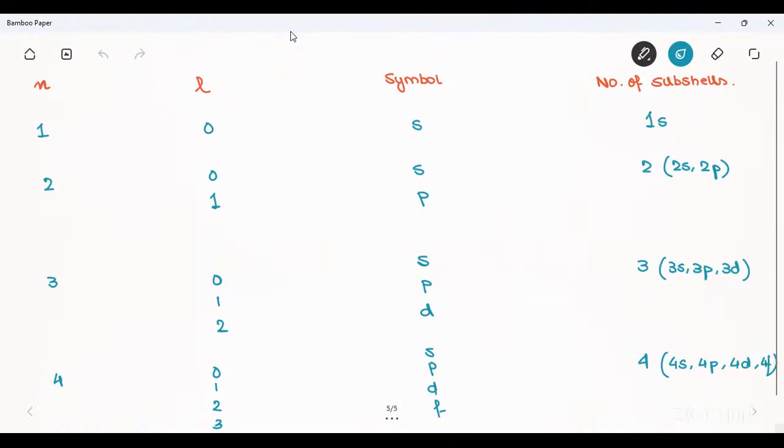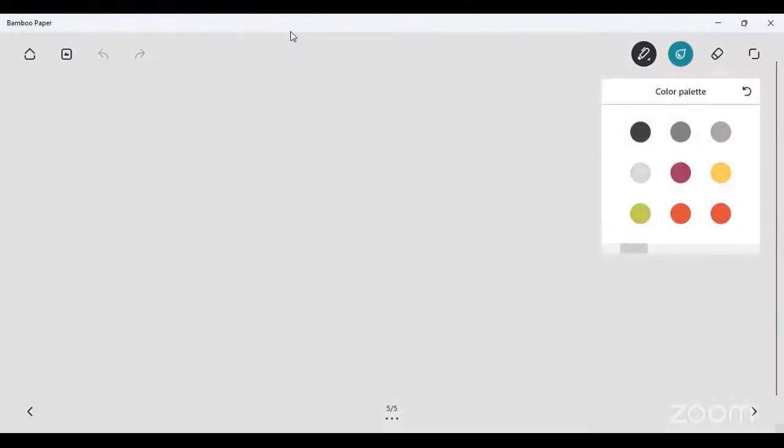Another important chart is this one: subshell, then l value, and m value. This will be minus l to 0 to plus l.